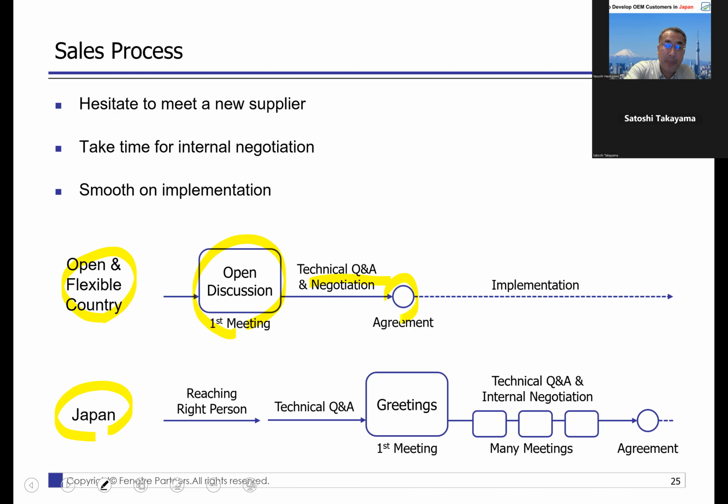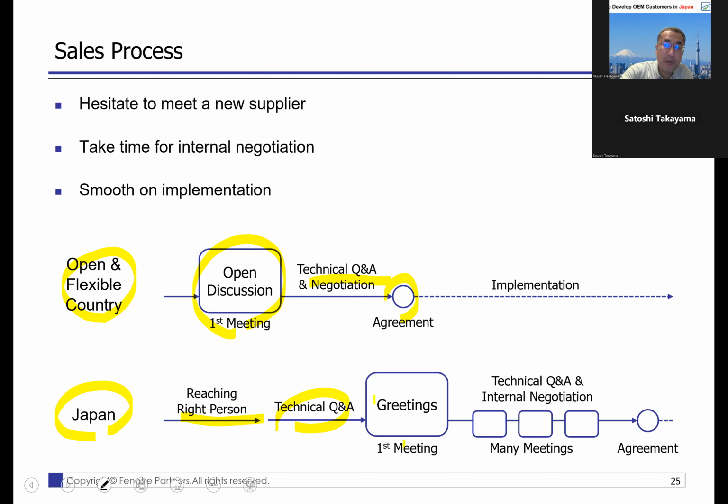However, in Japan, we need to spend a lot of time reaching the right person because their contact information is not disclosed. We need to talk to a gatekeeper in order to get past them and find the junior level. And the junior level will ask you a lot of technical questions. And after many email exchanges about the Q&A, they will accept your meeting offer.